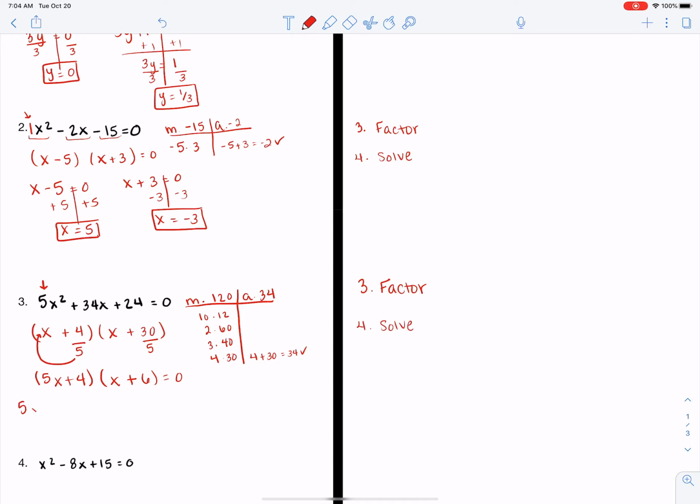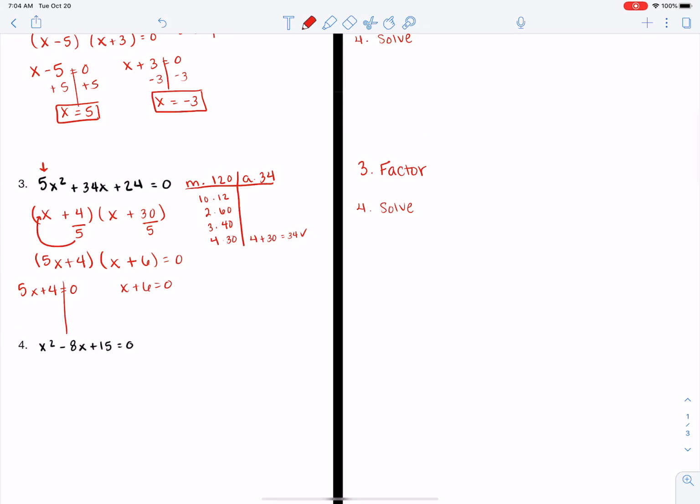So 5x plus 4 equals 0. X plus 6 equals 0. Solve for x, so minus 4. 5x equals negative 4, divide by 5. X equals, oh, I ran out of room.